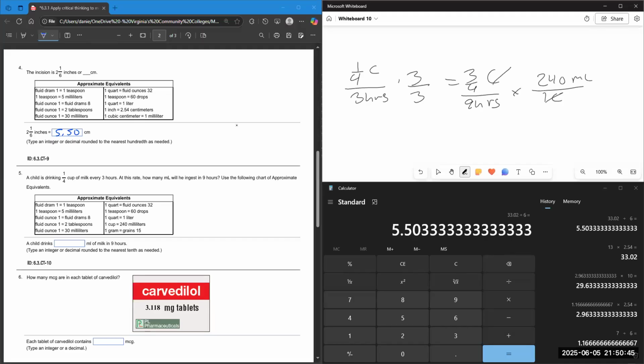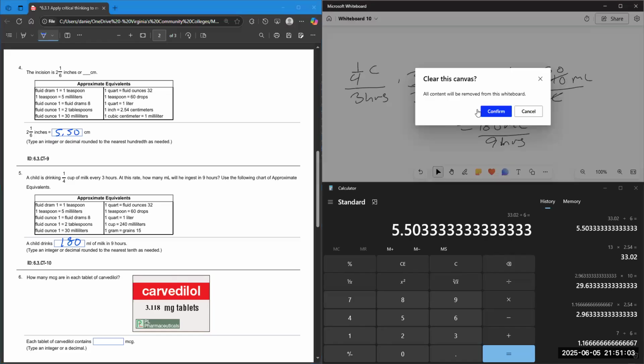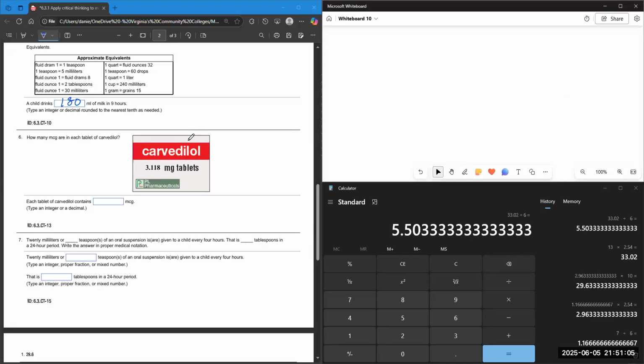Cup cancels. 4 goes into 240 60 times. 3 times 60 is 180 milliliters in 9 hours.